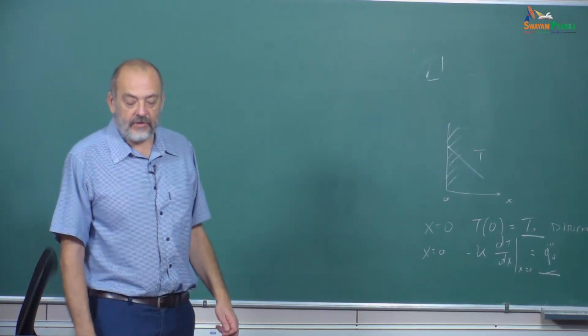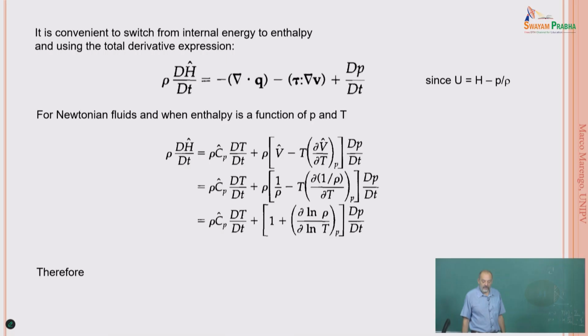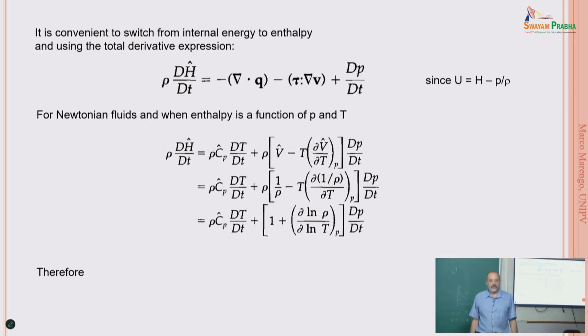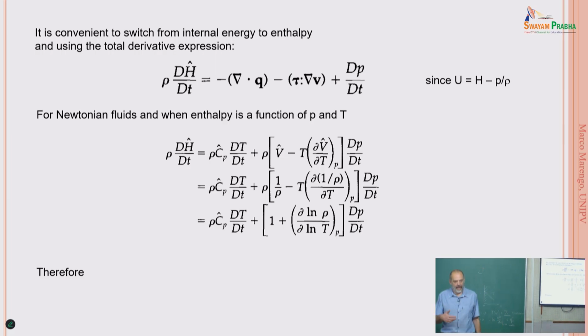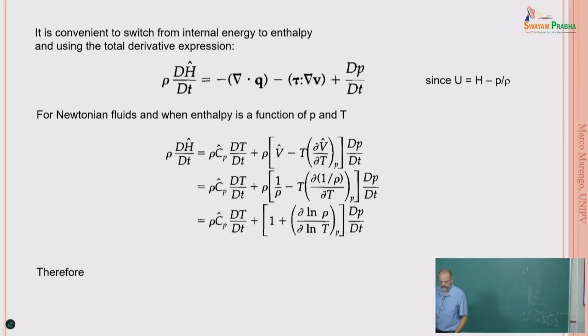It's also convenient, for example, to use the enthalpy instead of the internal energy. I think that you have done this, because when you write the Bernoulli equation and extend it to the energy, so to the enthalpy variation, you write it with the enthalpy, not with the U, and you land with the expression H plus 1/2 V squared plus gZ and so on.